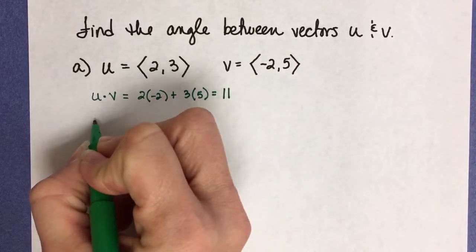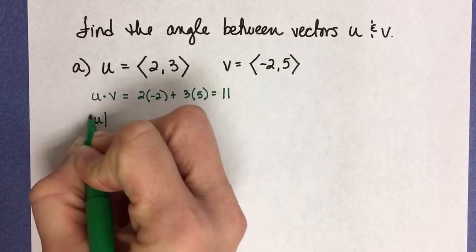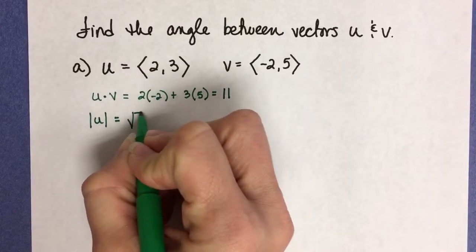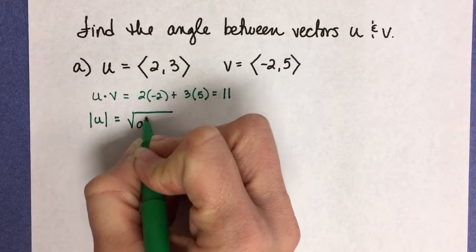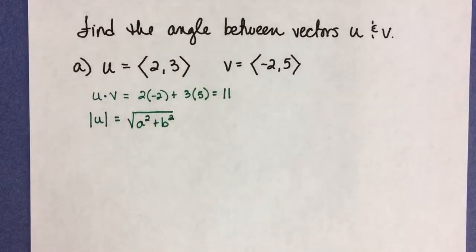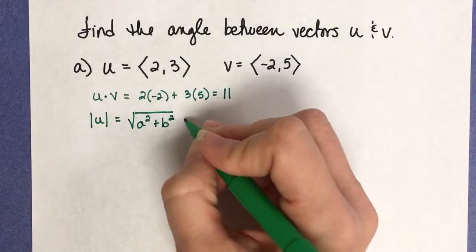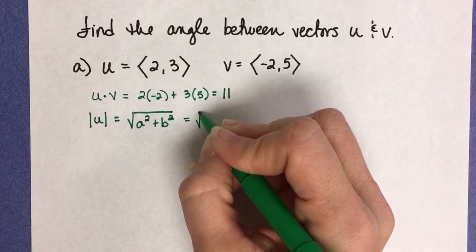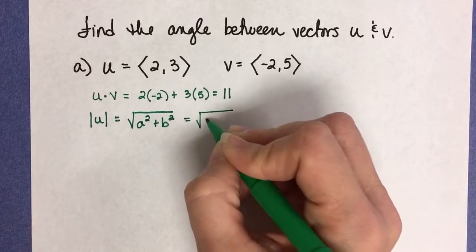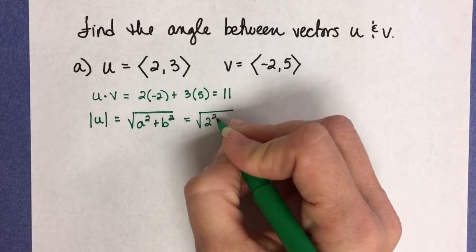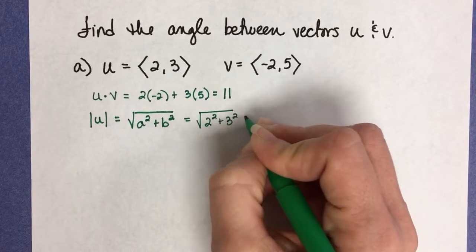Now I also need to know the magnitude of each vector. Just refreshing your memory on the formula here, since these are in component form, remember you can just do the square root of a squared plus b squared. So first component squared plus second component squared. So for vector u containing components 2 and 3, you would have 2 squared plus 3 squared.